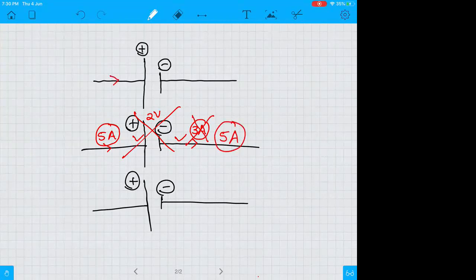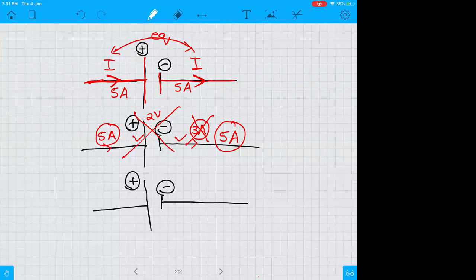The second student says that the current entering the battery will always be equal to the current leaving the battery. These two currents will always be equal. This student says that a 5 ampere current enters from the positive terminal and a 5 ampere current leaves from the negative terminal.